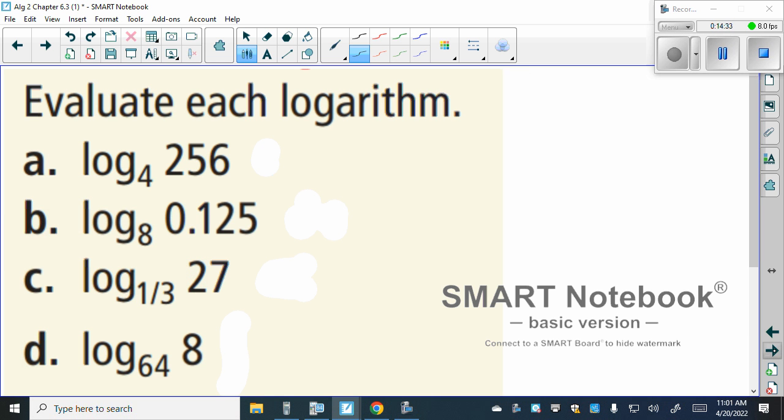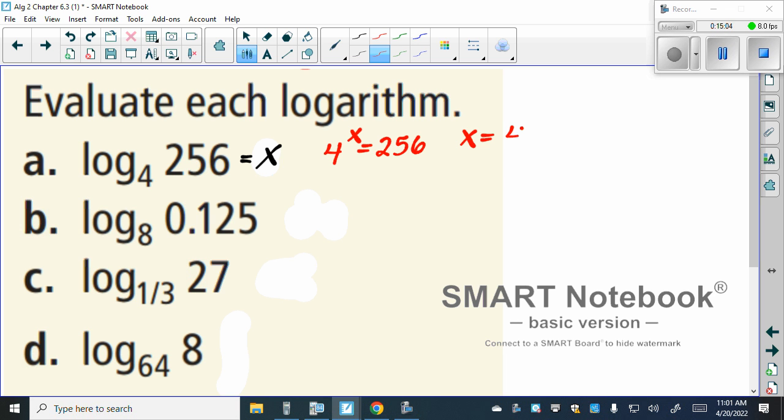So let's look at these here. So we have log base 4 of 256. We'll set it equal to x because we're trying to evaluate this here. Now if I rewrite it as an exponential, we would have what? 4 to the x is equal to 256. So here we're trying to see how many times do I multiply 4 by itself to get 256?